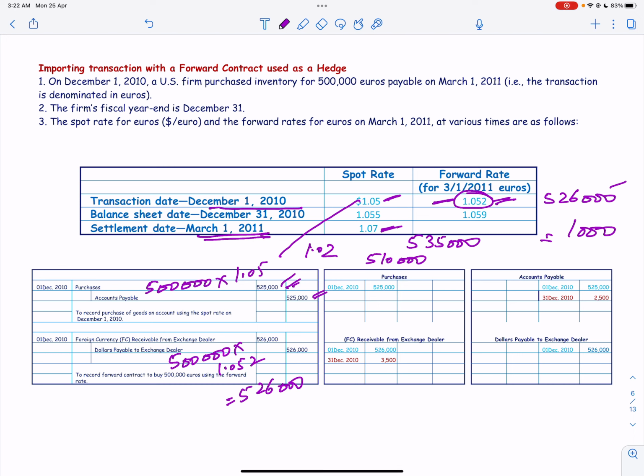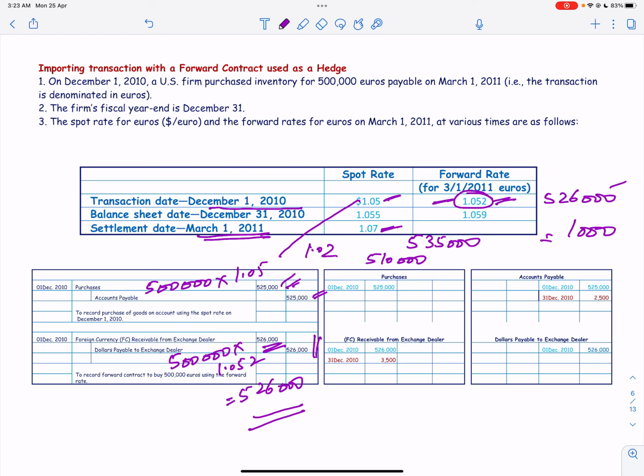At the date of the transaction, the US firm recorded the forward contract by recognizing a payable of 526,000 and a receivable of 526,000 for the number of dollars to be paid. The net value of the forward contract is 0 since the payable and receivable are exactly offset.